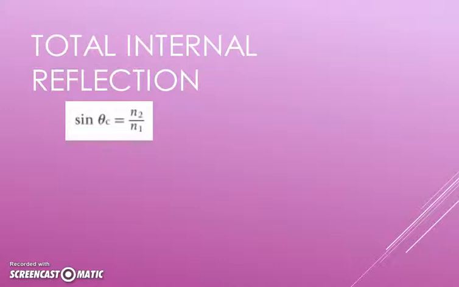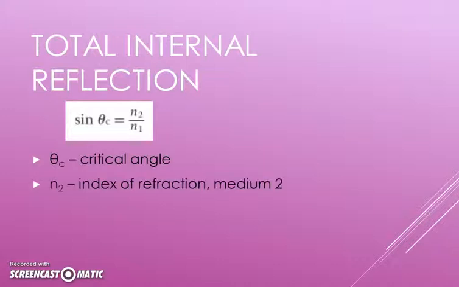And that is a little deceiving. So theta C, that's your critical angle. That's the angle that causes this total internal reflection. N2 is the index of refraction for medium 2. N1 is the index of refraction for medium 1. Now, however, if you go to plug this in and your N2 is larger than N1, you will not get a calculation.